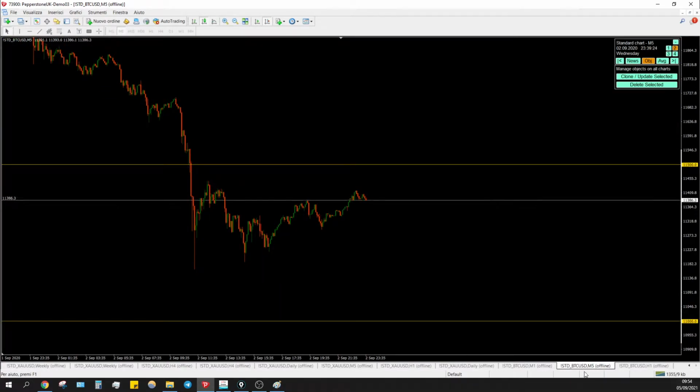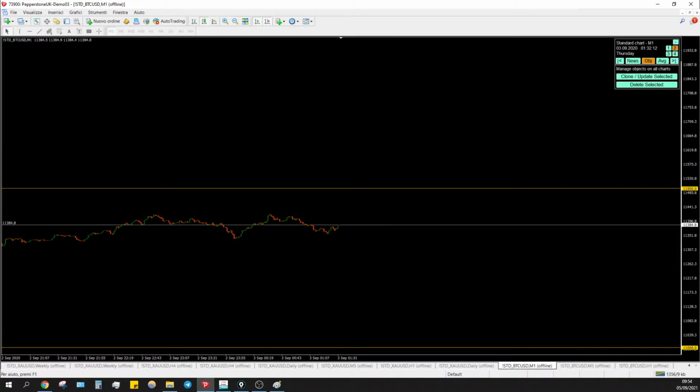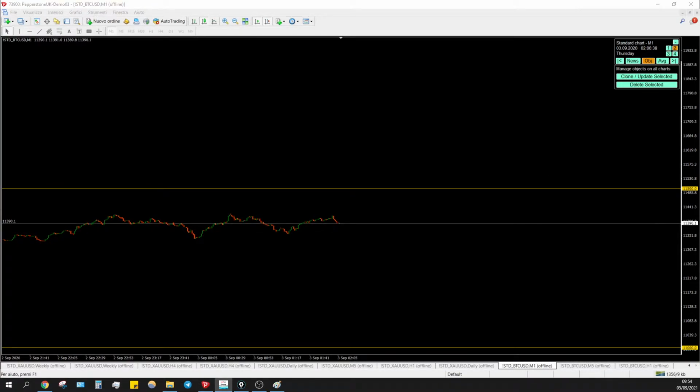On the 5 minutes it is less clear, but on the 1 minute it is much clearer. So, faster.